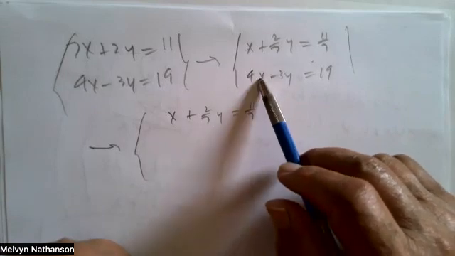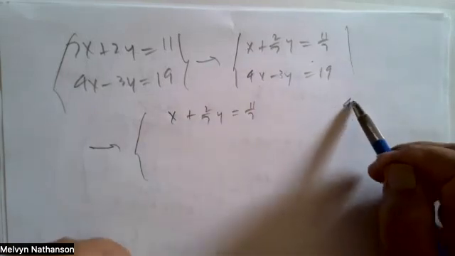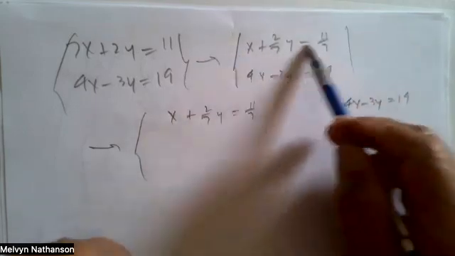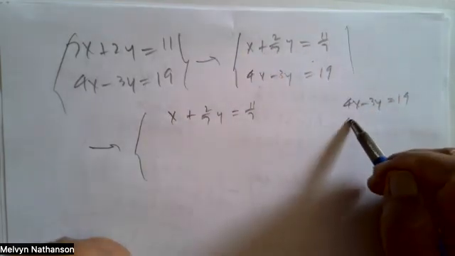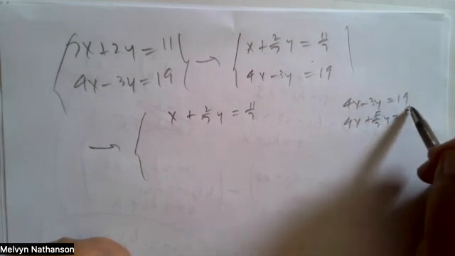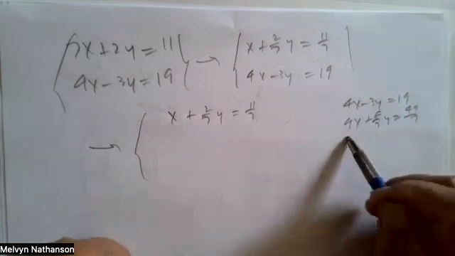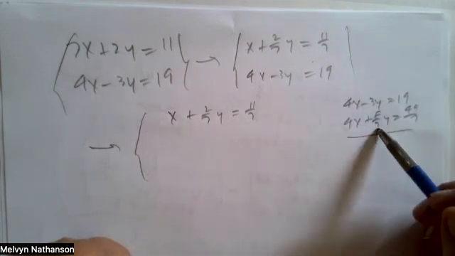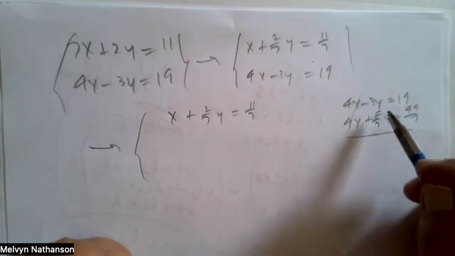So I have the equation 4x minus 3y equals 19. Take the first equation and multiply it by 4. I get 4x plus 8/7 y equals 44/7. When I subtract this minus this, the x's cancel.